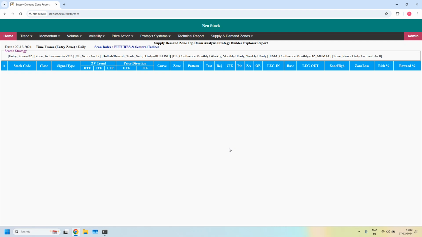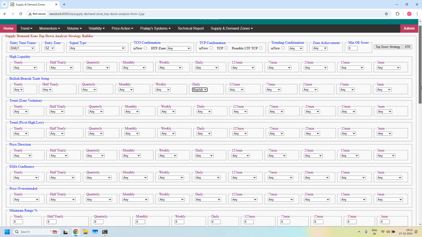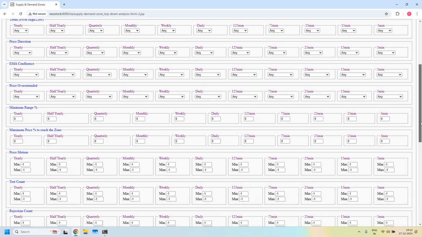Next, bearish trade setup for monthly income trade, entry time frame daily, entry zone supply zone. In bullish or bearish trade setup at entry time frame daily, I am selecting bearish. These daily supply zones should not be pierced.